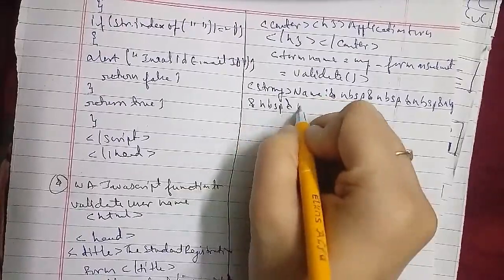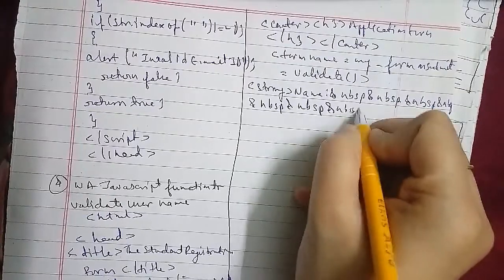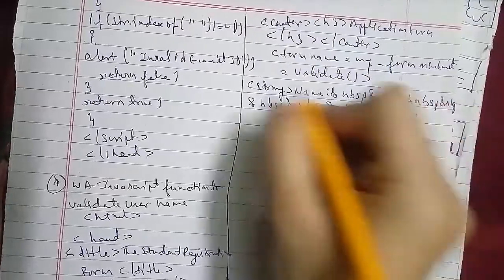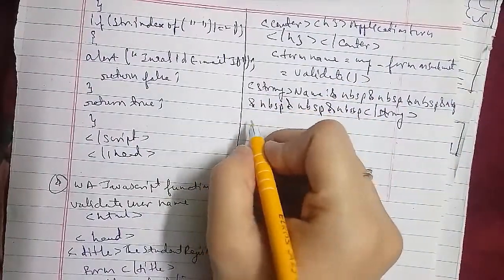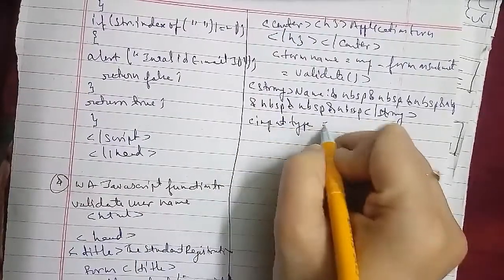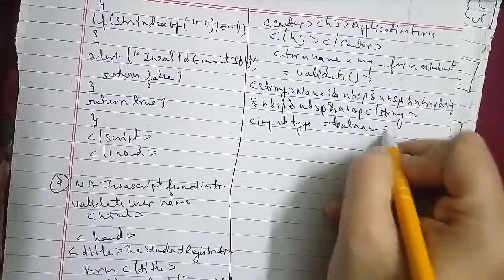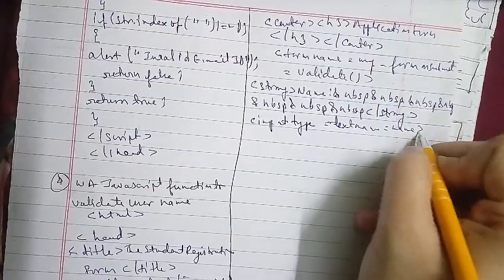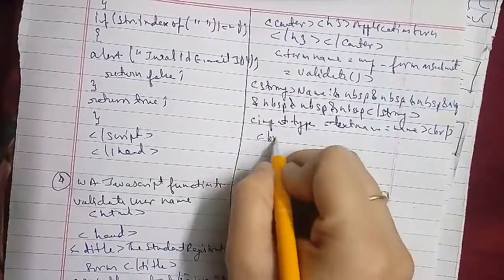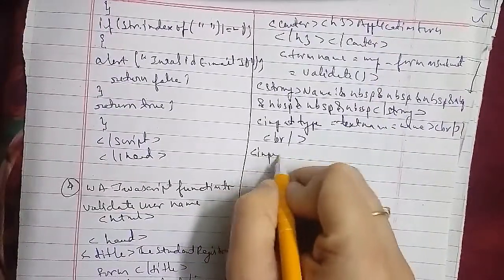Script type equals to text slash JavaScript, and then after that the script tag close. If we want to embed the JavaScript indirectly, that means if the script is written in some other file and we want to embed the script in the XHTML document, then we must write the script as follows.